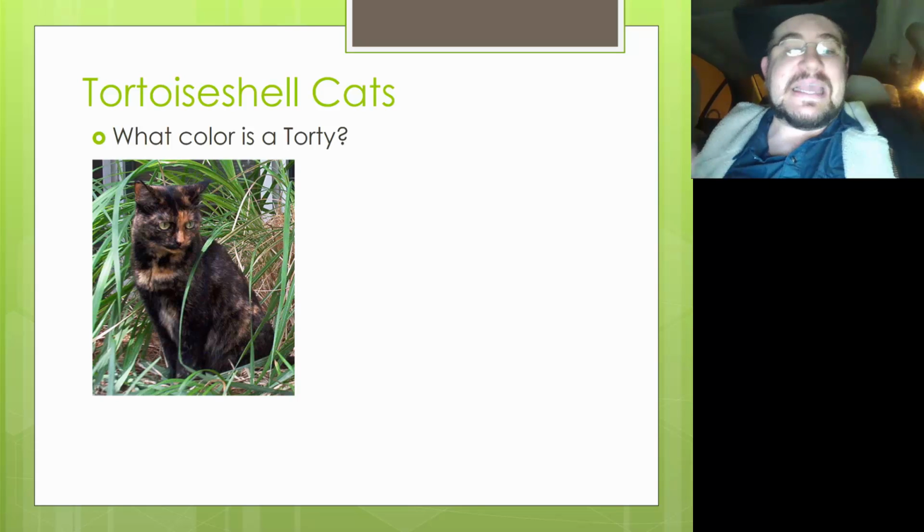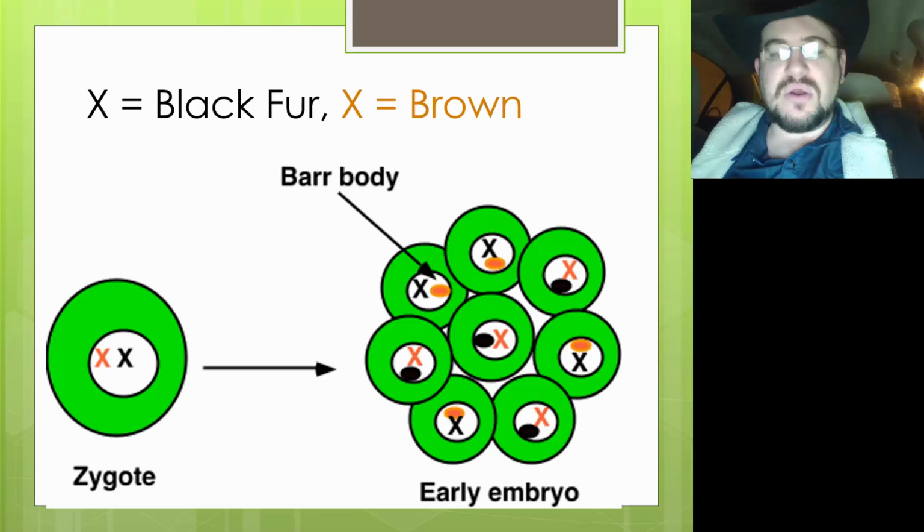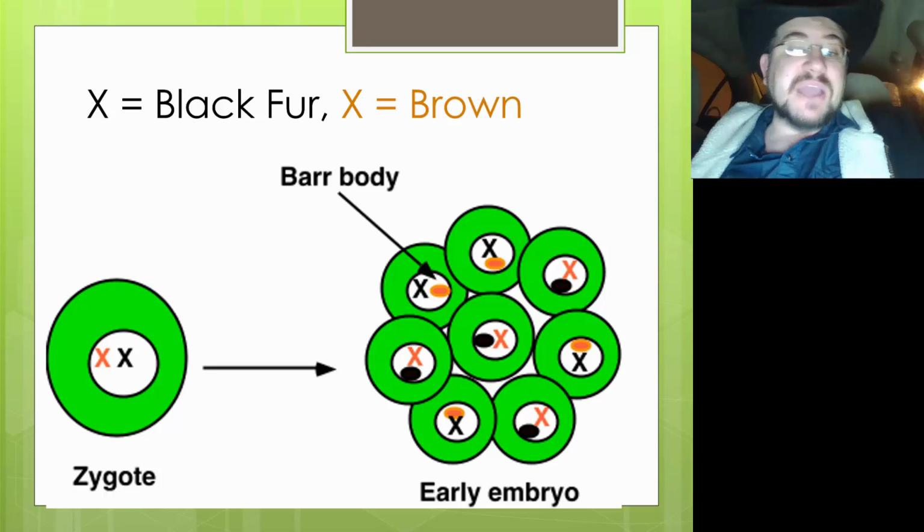You don't see male torties, and that is literally because it requires two X chromosomes with the formation of Barr bodies in order to get that pattern. If you have a male tortoiseshell cat, that male is carrying two X chromosomes. And that would be extremely rare, but it has happened.